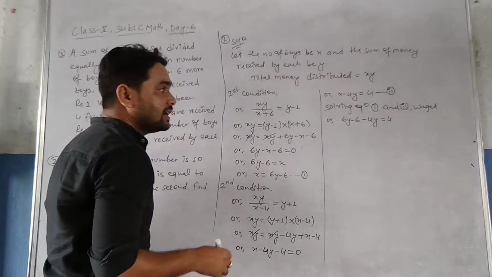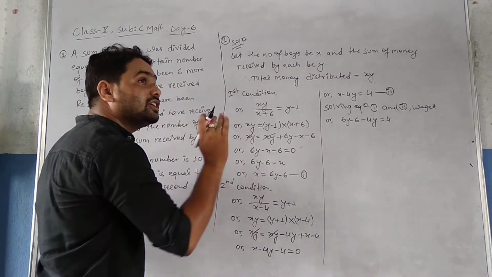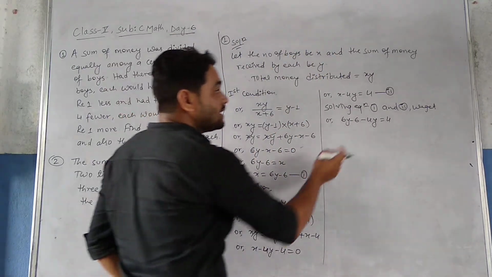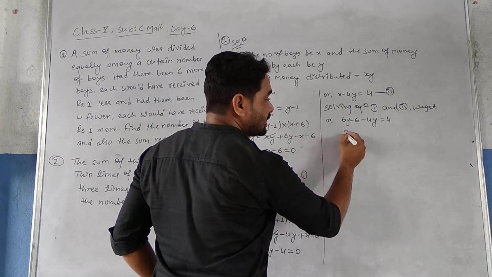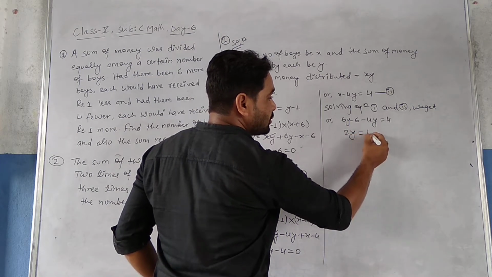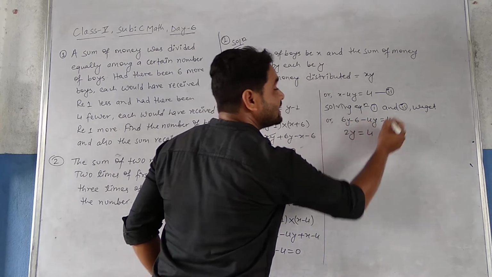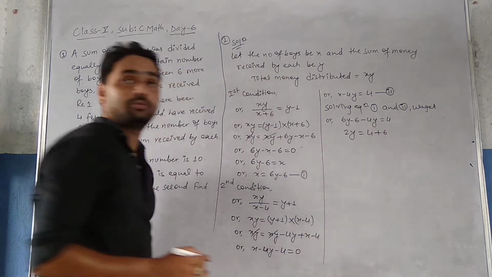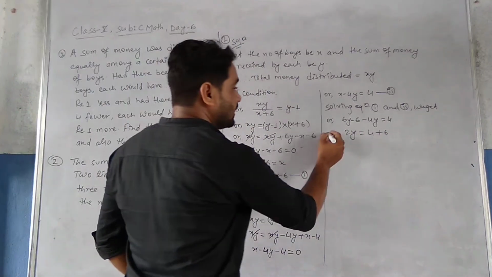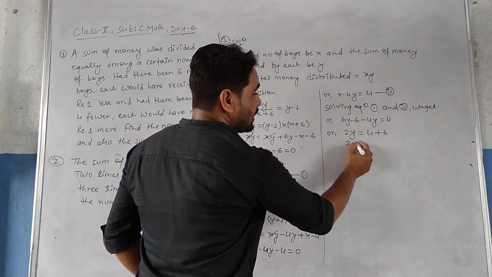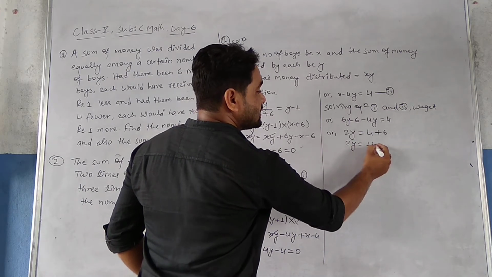Now y terms and the constant term to the other side. 6y minus 4y, we get 2y equals to 4, and minus 6 on this side becomes plus, 4 plus 6. Then 2y equals to 10.